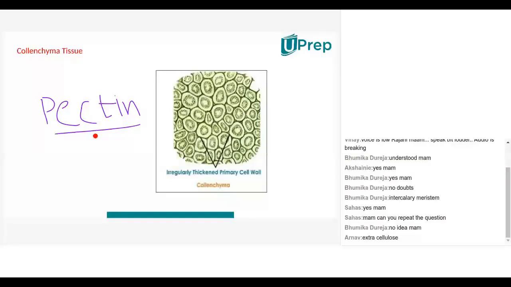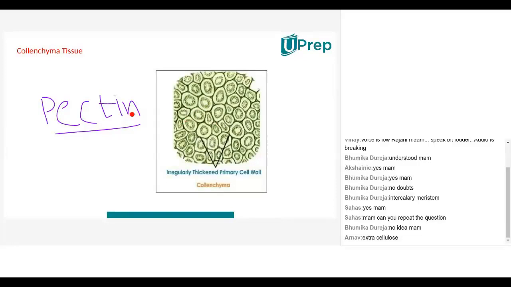So how does that change come when an apple ripens? That is the function of collenchyma tissue where we talk about pectin. Pectin is a carbohydrate you usually find in fruits and flowers. For example, the raw apple fruit, which is not totally ripened, has thickened pectin at the walls.